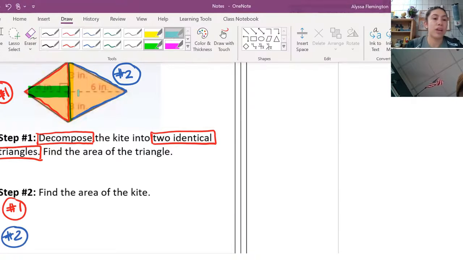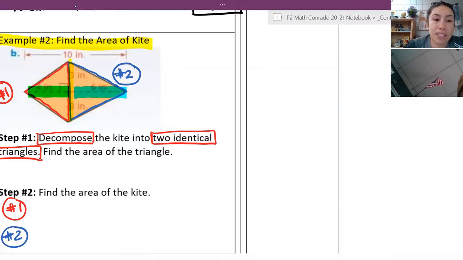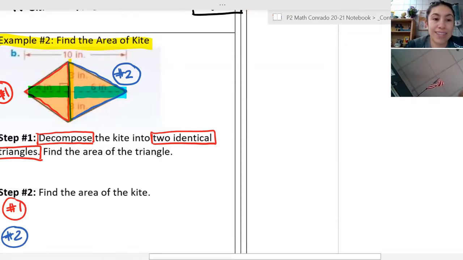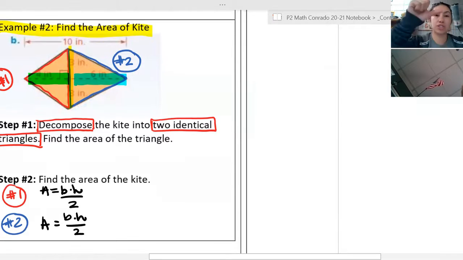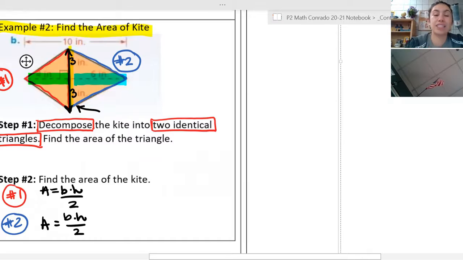So remember, we are going to need to know the base of these triangles and the height of these triangles. The way that they break it up is that the base is broken into 2 parts. We have 3 inches and 3 inches. Because we're finding the area of the entire triangle in red, we need to add these bases together.